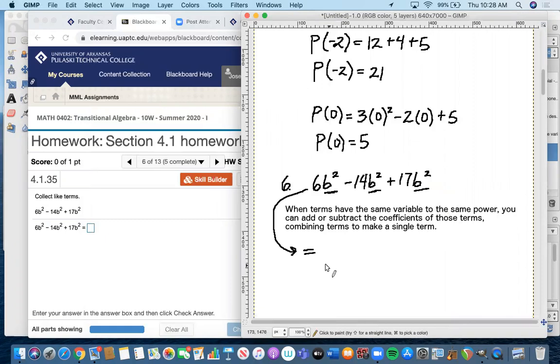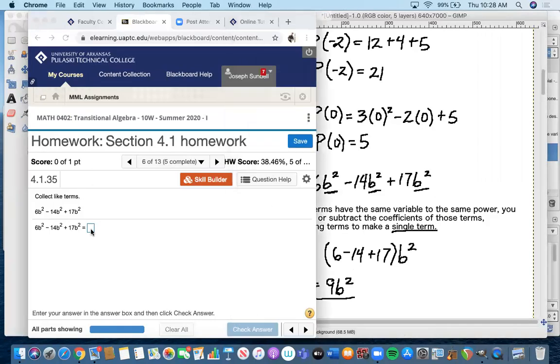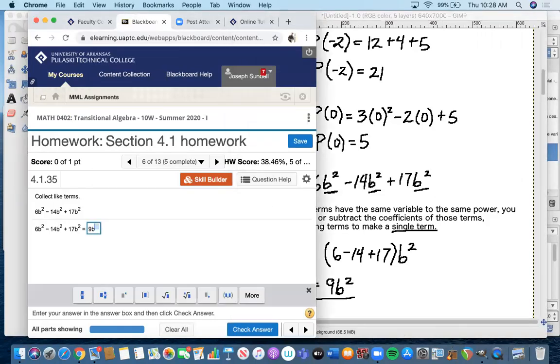I don't usually write it like this, but I'm going to write it as 6 minus 14 plus 17, whatever that is, times b squared. If we do 6 minus 14, we get -8, and then -8 plus 17 is 9. So that's just going to be 9b squared. If you have like terms, you add or subtract the coefficients, and you end up with a single term, just like 9b squared. So that's what you'd say the answer is, 9b squared.